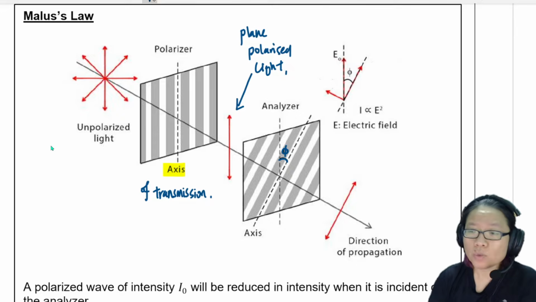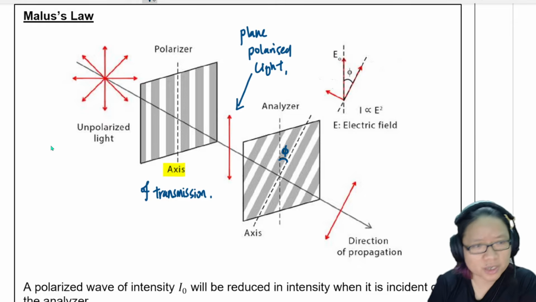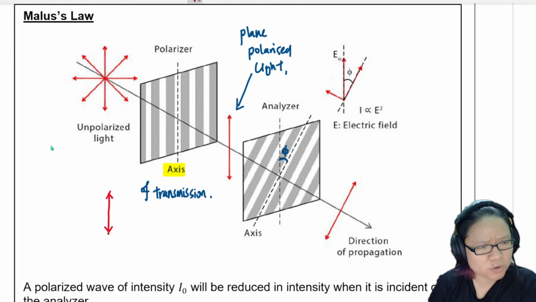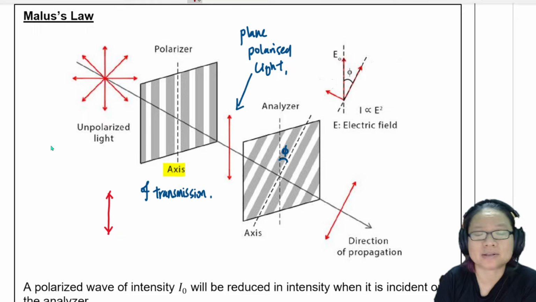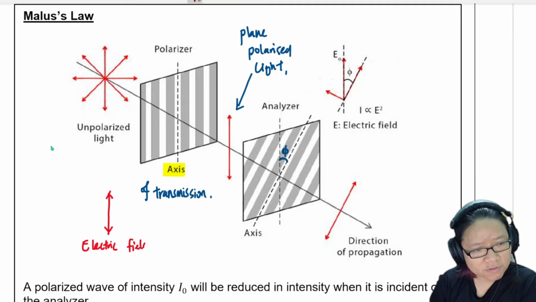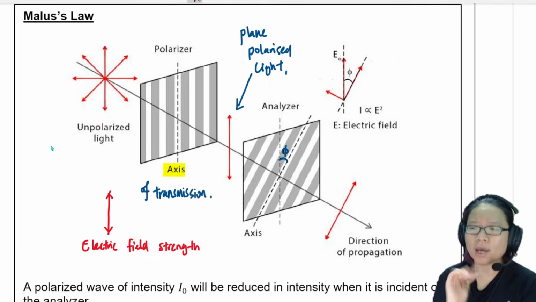Now, I want you to understand that what we are drawing here, this red arrow, is actually the electric field. This arrow is to represent the electric field, because light is an electric field and a magnetic field. So this one is the electric field strength. You might be thinking, Miss, what is electric field strength? Hang on first.